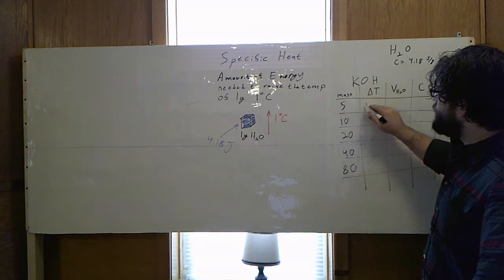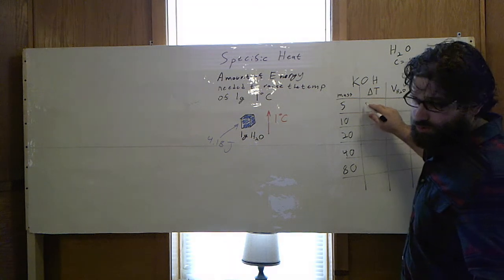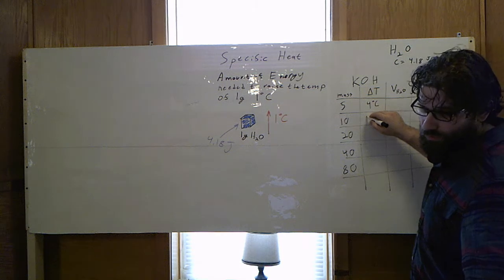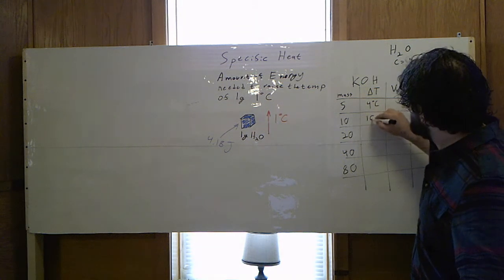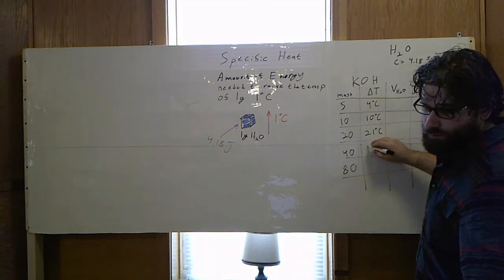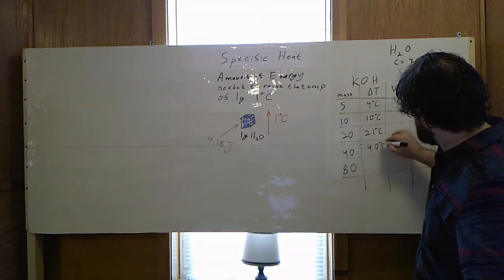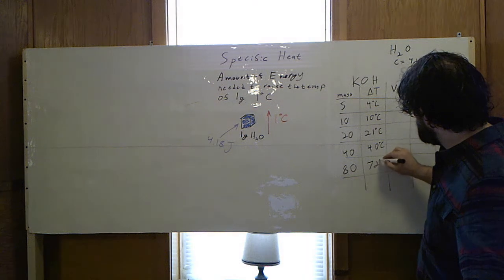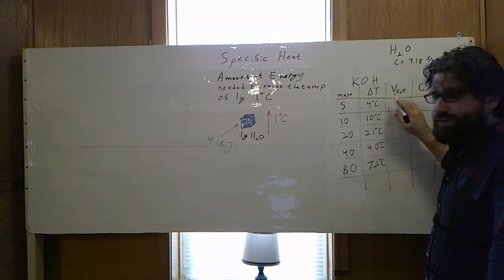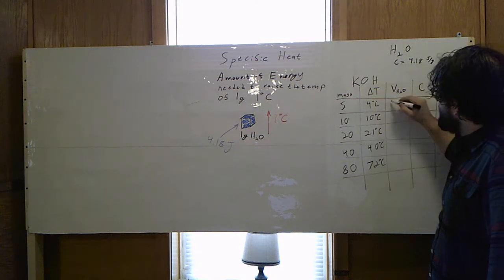Okay, for the 5 grams, what was my change in temperature? My change was 4 degrees. The change in temperature at 10 was 10 degrees, followed by 21, and then it was 40, and then 72. Then the volume of the water, this was, for the KOH, 100 milliliters.